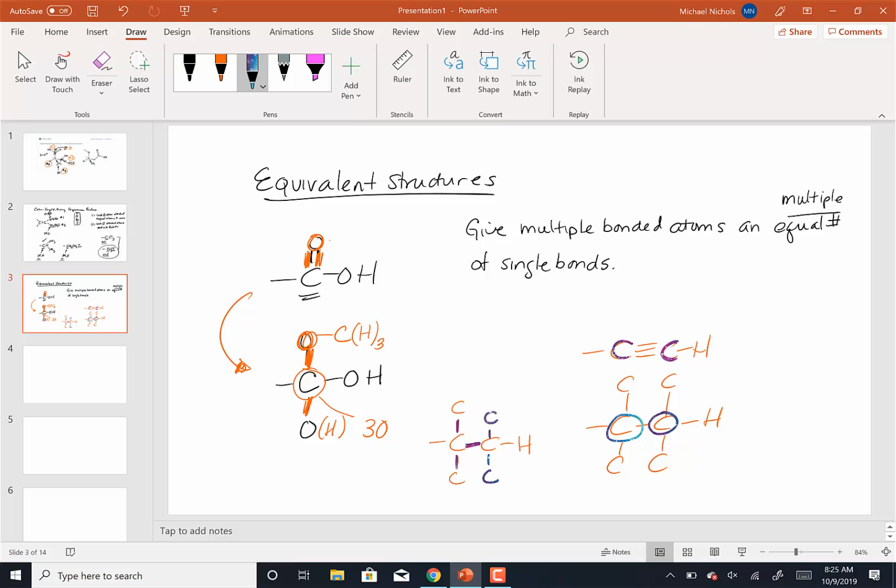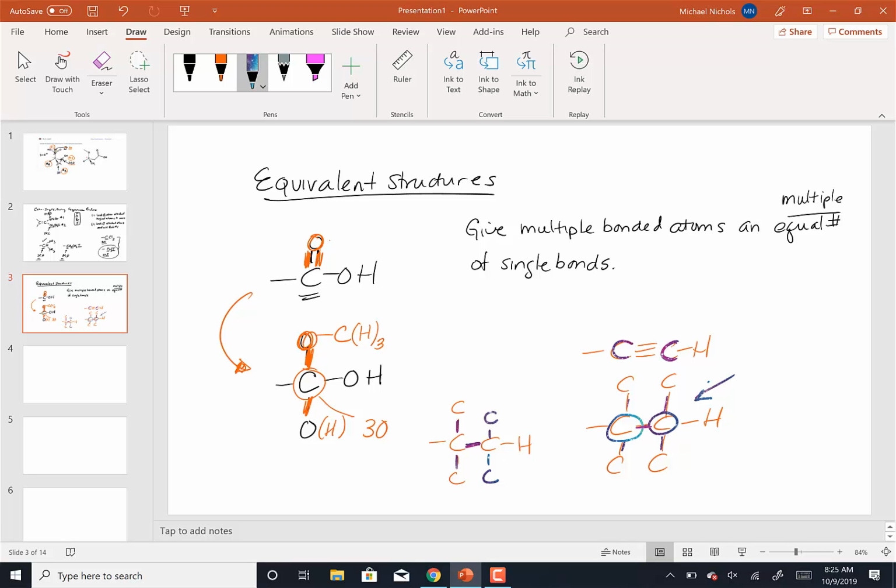I can see where you're taking the carbons that you just added and adding carbons to those, but we actually have to add to the carbons that existed at the beginning. So this carbon gets 1, 2, 3 single bonds. This carbon gets 1, 2, 3 single bonds as well. So this first one is the correct structure.